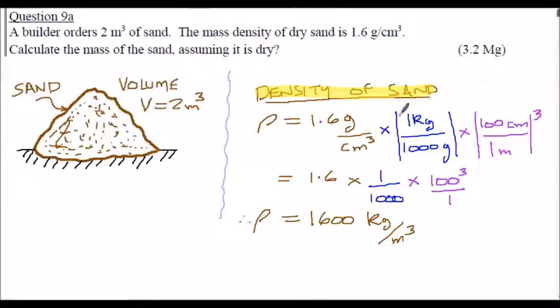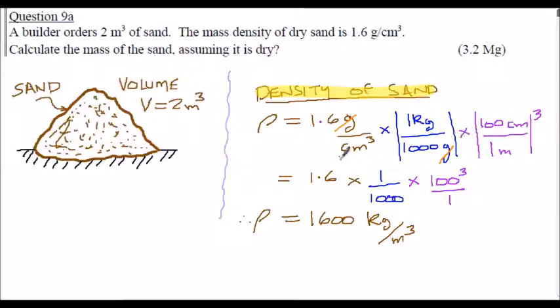So for example, in the first unity bracket here, we've got to convert the grams to kilograms. So we've got to cancel the grams. So our unity is 1 kilogram is 1,000 grams, but the 1,000 grams has to be on the bottom of the bracket to cancel the grams on the top of the density here.